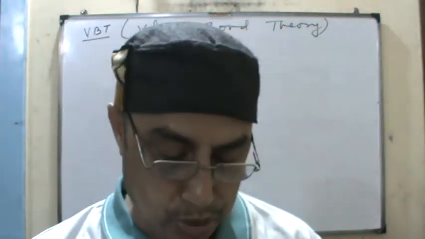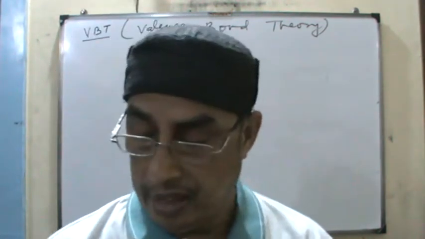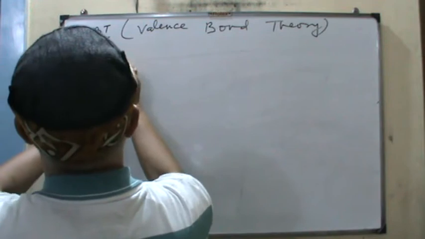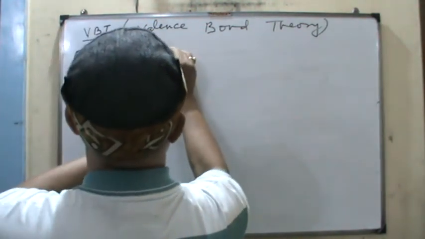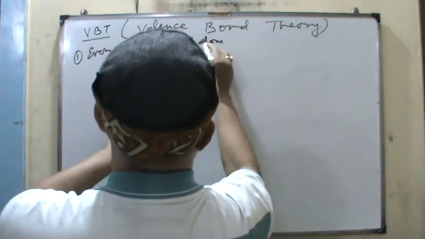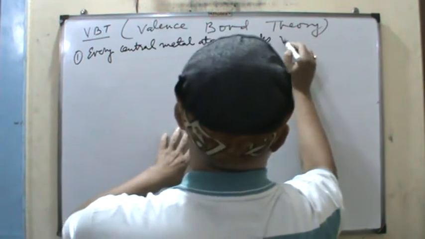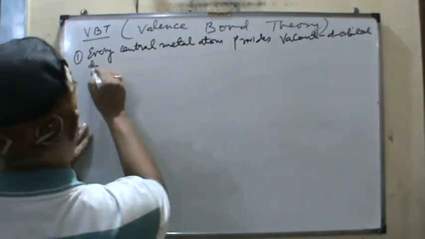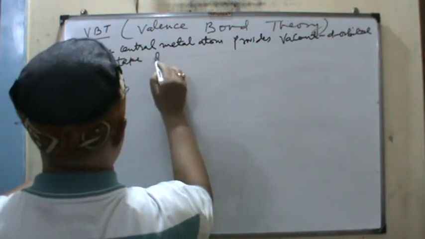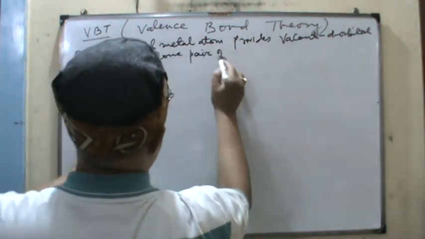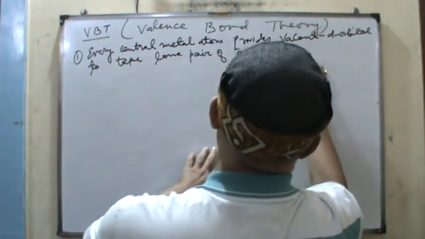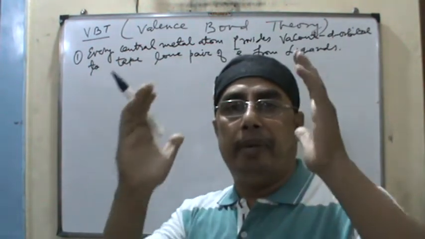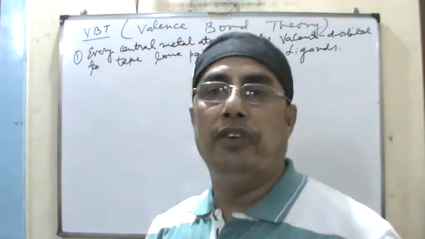So dear students, the first postulate of the valence bond theory is that every central metal atom provides vacant d orbitals to accommodate lone pairs of electrons from the ligands.